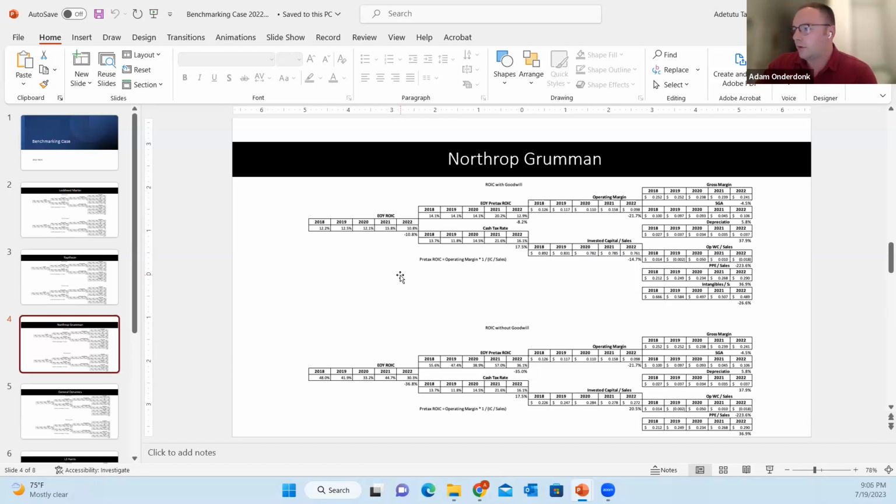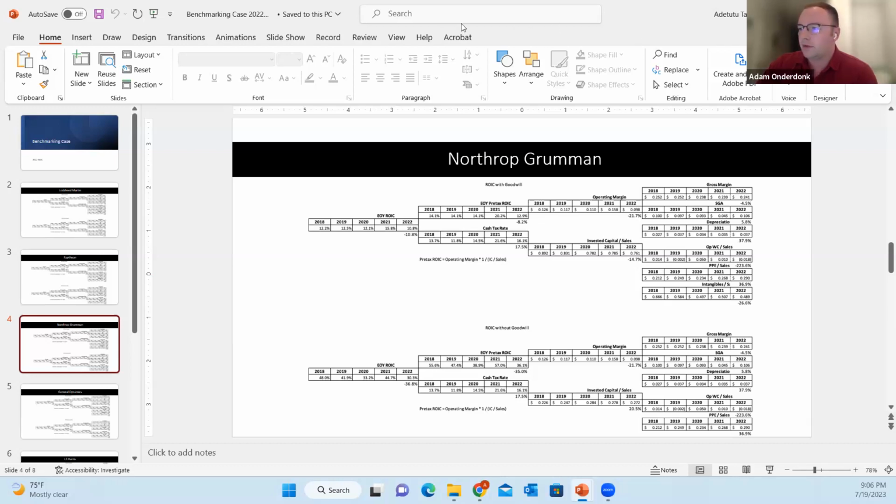Other large swings were large changes in PP&E and intangibles. PP&E from 2018 to 2022 had a change of 36.9%, and intangibles by negative 26.6%.